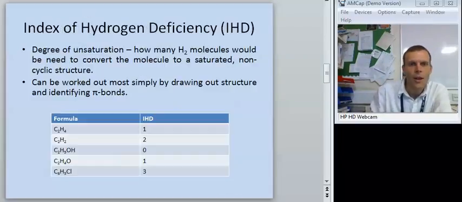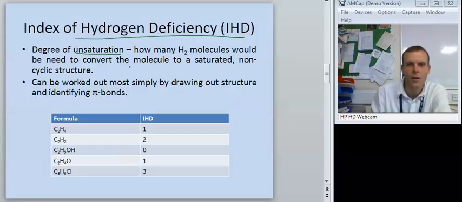We also need to understand what the index of hydrogen deficiency is, and it's a measure of unsaturation. So how many hydrogen molecules would you need to convert the molecule to a saturated non-cyclic structure? There are formulae out there to work this out, but the easiest way of doing it is probably just by drawing the molecule and thinking how many pi bonds there are in it.